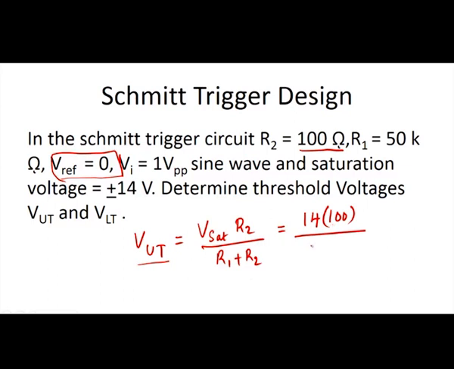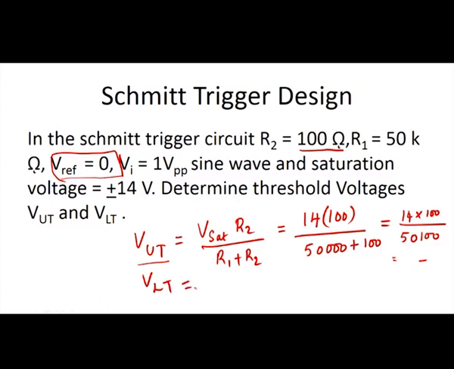R1 is 50 kilo ohms, so 50,000 ohms plus R2 is 100 ohms. So, it is 14 into 100 divided by 50,100. It may be in the millivolts range, and you can calculate it using the calculator.